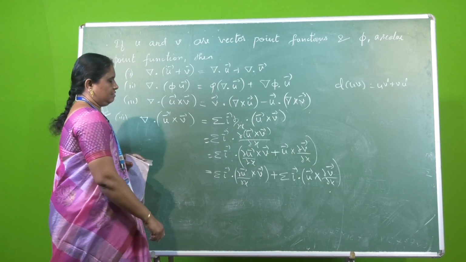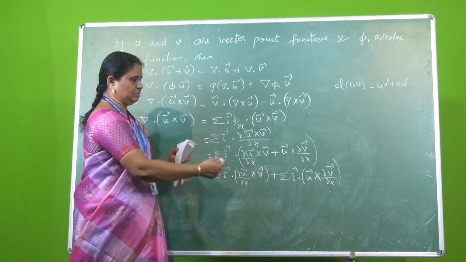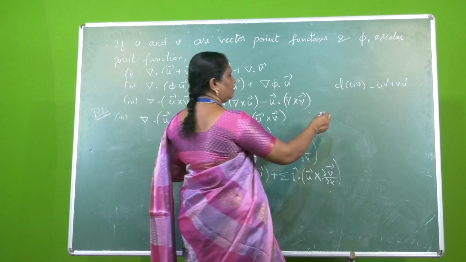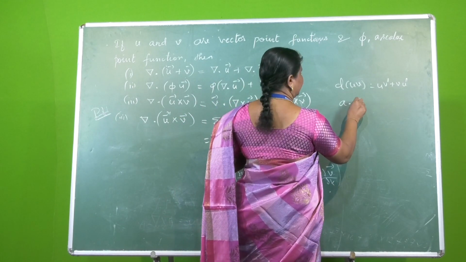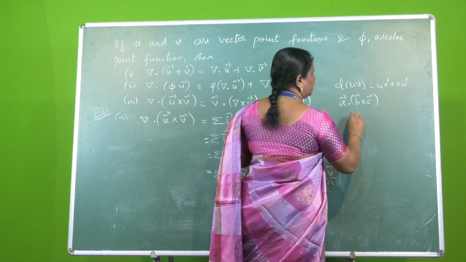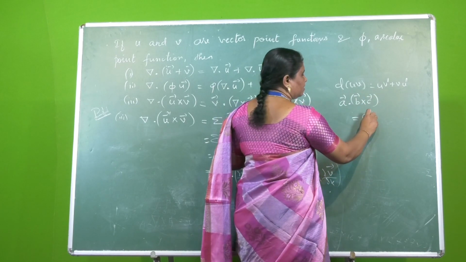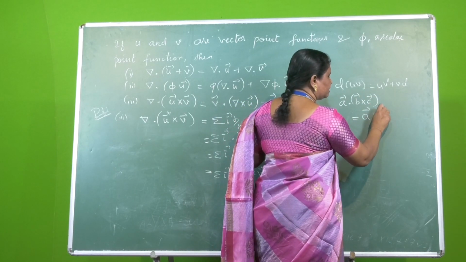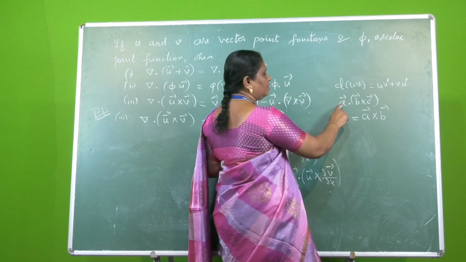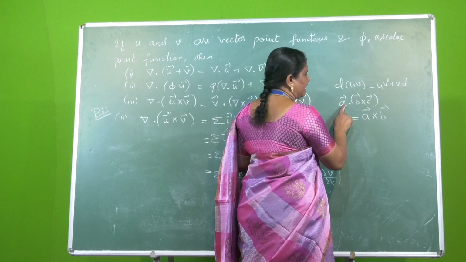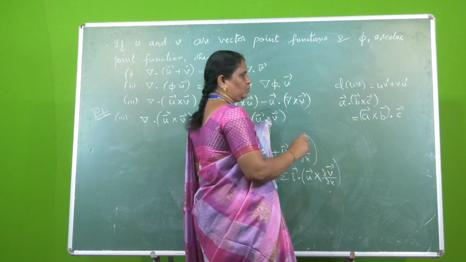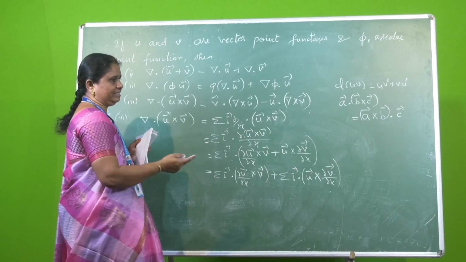As here we have a cross product inside the brackets, we have to use one formula, that is, if it is A vector dot B vector cross C vector, we can replace this by A vector cross B vector dot C vector. The dot and cross may be interchanged. Therefore, we are writing this as A cross B dot C vector.